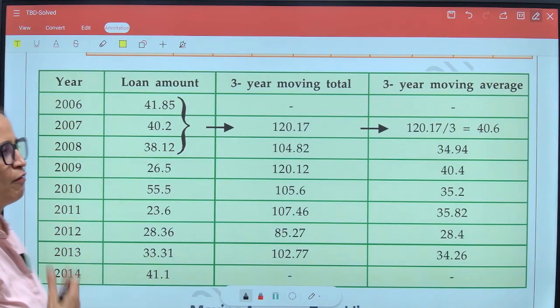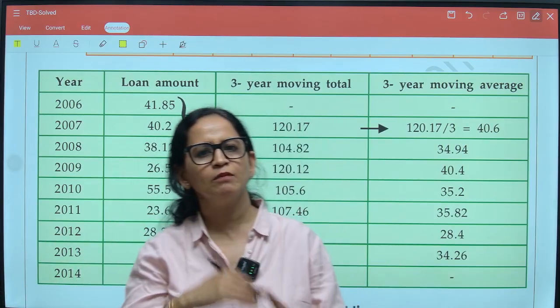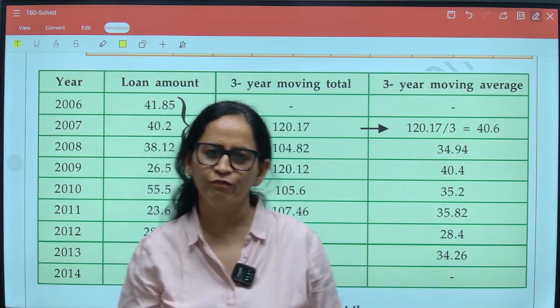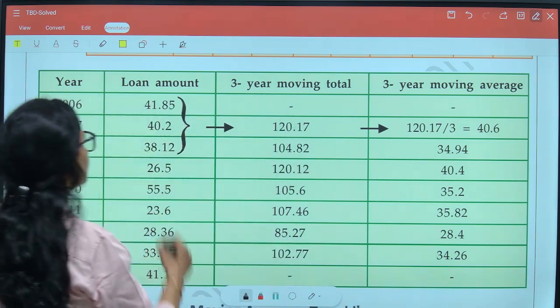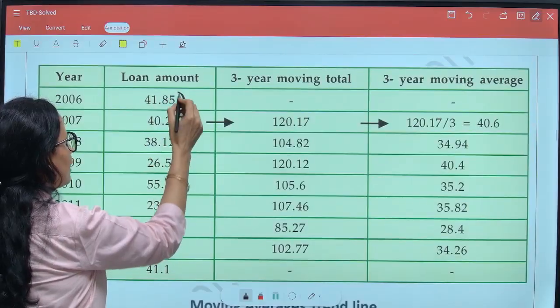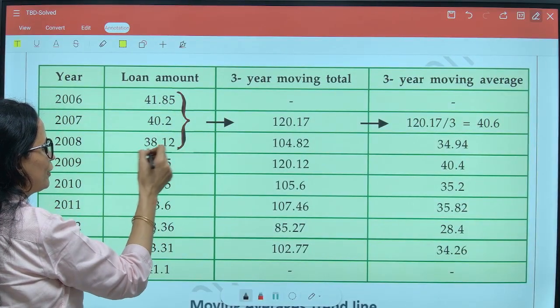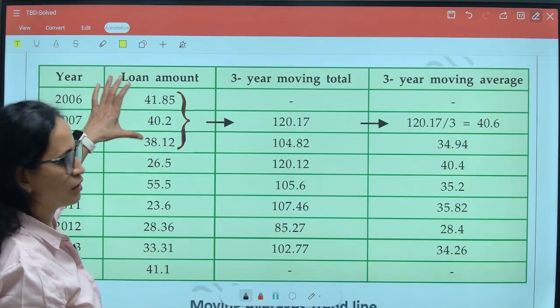Now moving average, what is average? Average is the sum of certain values divided by the count, whatever is the number of values, right? So now here you need to do a 3-year moving average. That means you will add the first 3 values, 41.85, 40.2, 38.12, whatever values are given in the question.